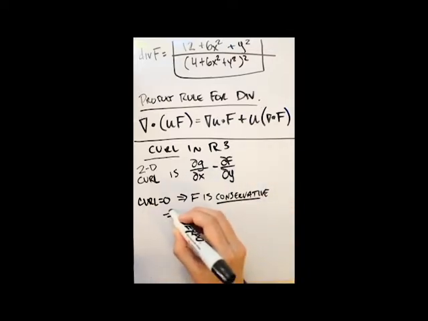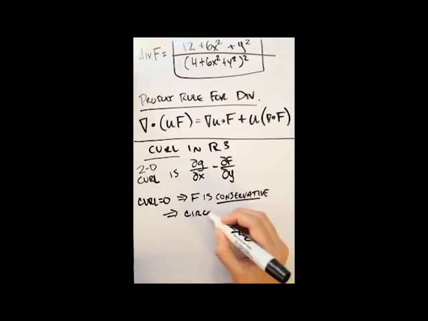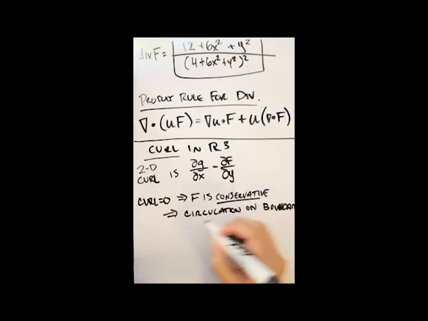And what that implies is that the circulation on the boundary of our region, we'll call it R, is also 0. Okay? So now let's define the curl in 3 dimensions.